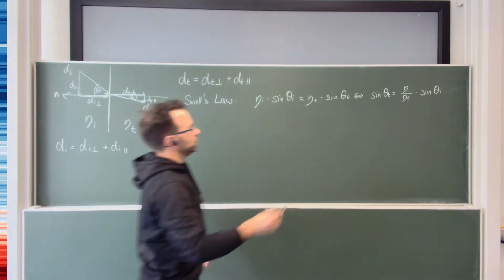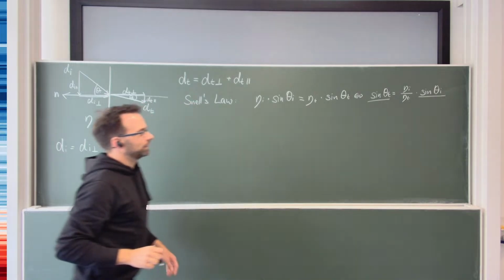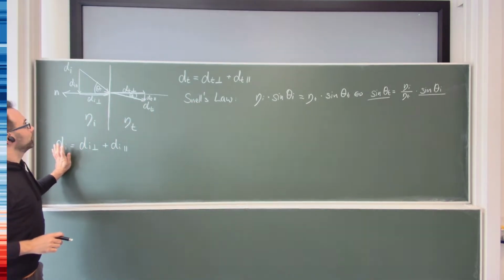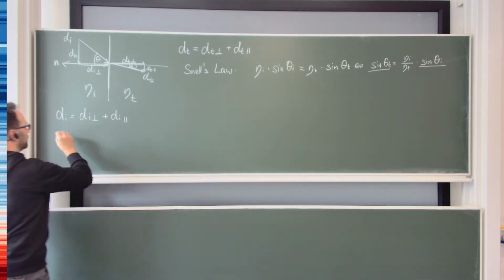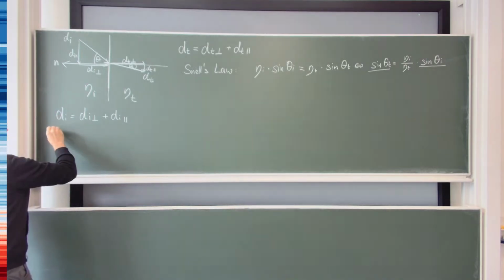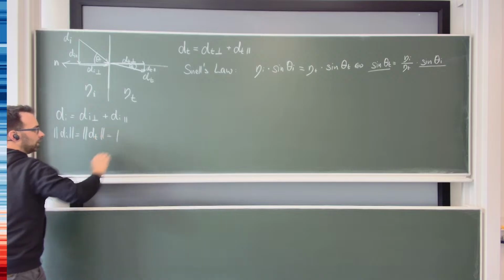And what do we know about those two guys, if we say, where do I put it? Yeah, let's put it here. The length of di equals the length of dt, and both are 1.